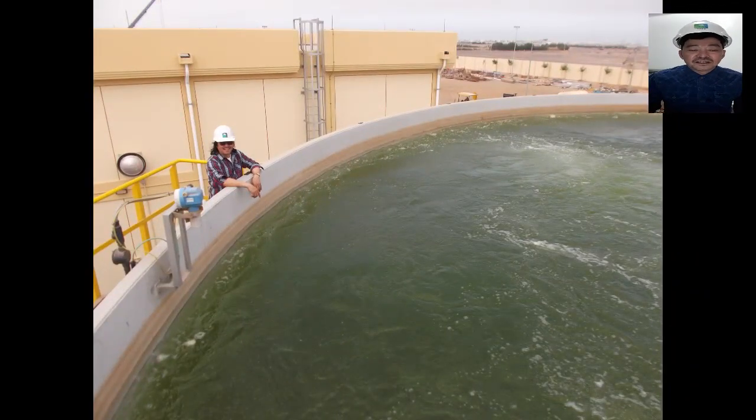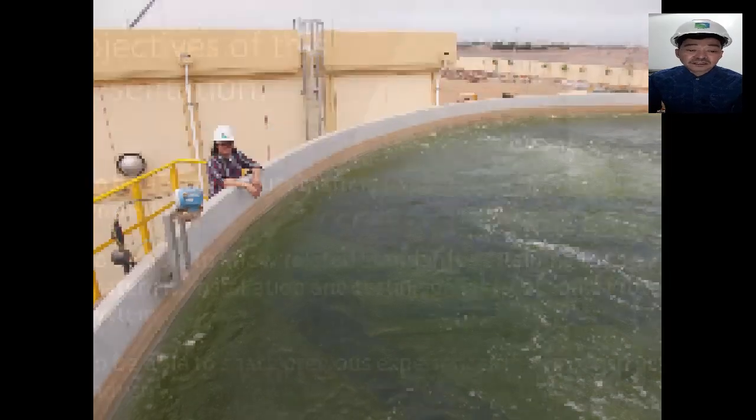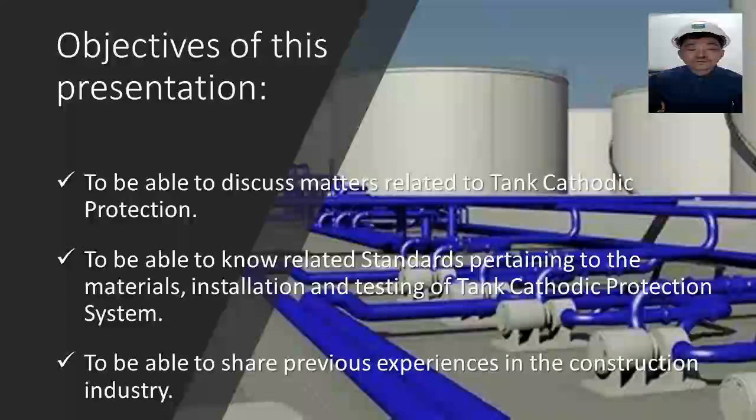Let us proceed. Our objectives for today's discussion are to be able to discuss matters related to tank cathodic protection, to know related standards pertaining to the materials, installation, and testing of tank cathodic protection, and to be able to share previous experiences in the construction industry.